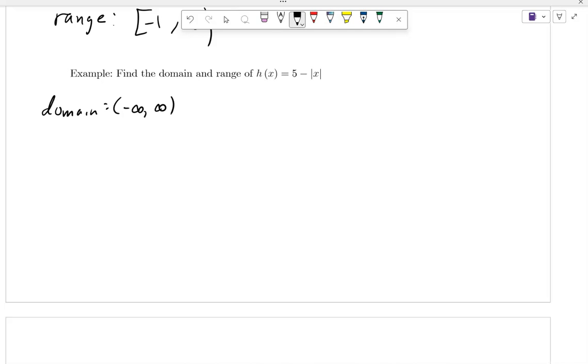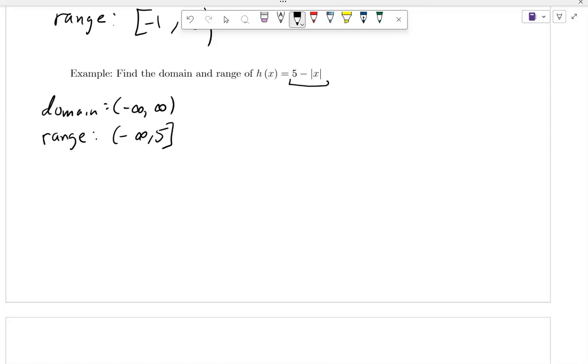So if the smallest this ever can get is 0, what's the biggest 5 minus that thing could ever get? 5, right? So what's your range going to be then? 5 is the absolute highest you could ever get. Good. Negative infinity to 5. And am I going to use a parenthesis or a bracket on the right-hand side? A bracket, because we can actually hit the 5.